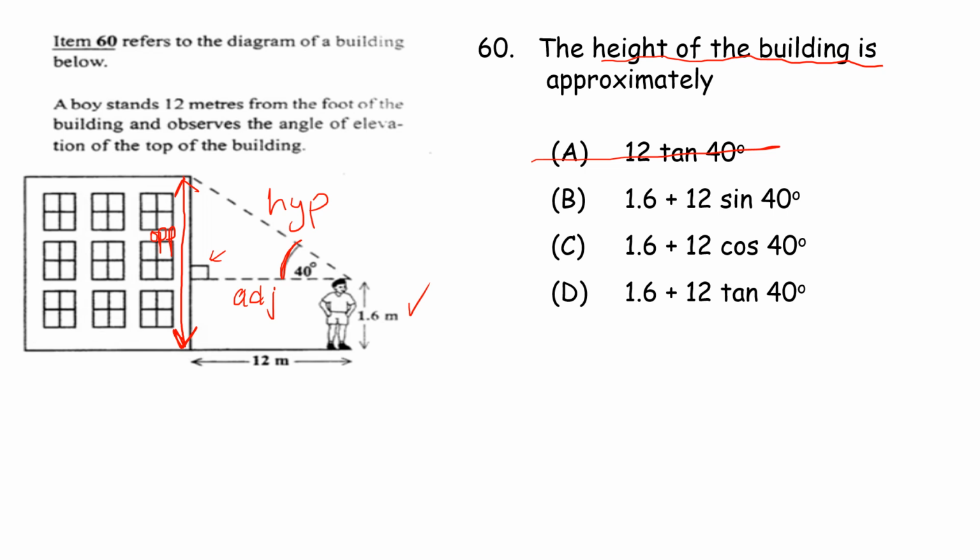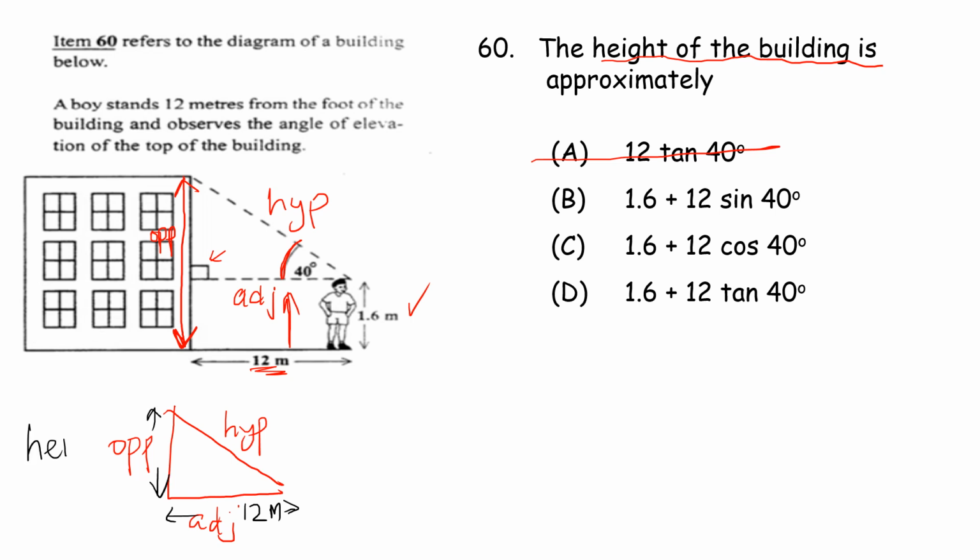We were given the adjacent, and we are finding the opposite side of this triangle. Let me draw it a little better. This is the opposite, this is the adjacent, this is the hypotenuse. This 12 meters represents the adjacent. So we were given the adjacent, and we are trying to find the opposite, which is part of the height of the building.